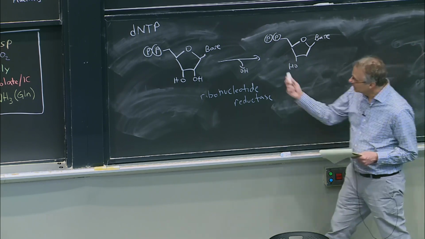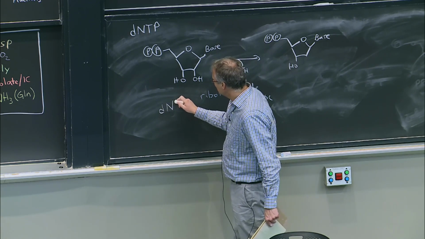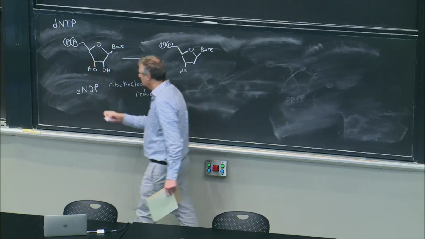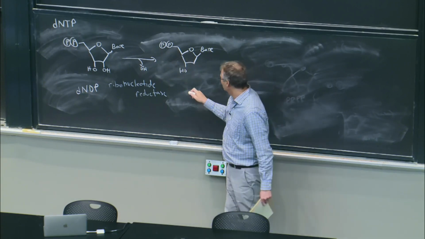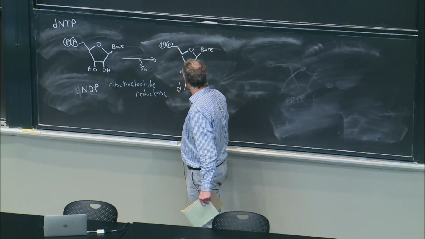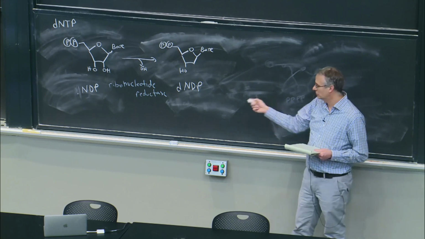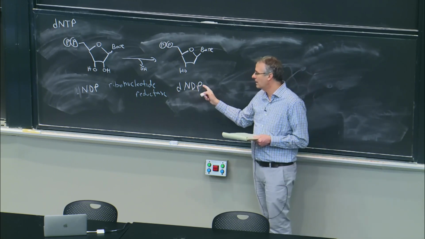Ribonucleotide reductase, I drew it this way on purpose, always acts on the NDP, the nucleoside diphosphate, to generate the deoxynucleotide diphosphate.